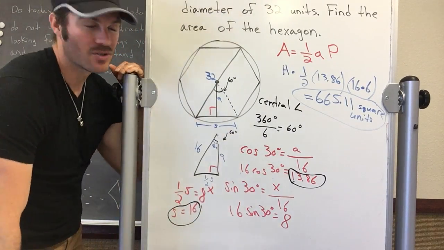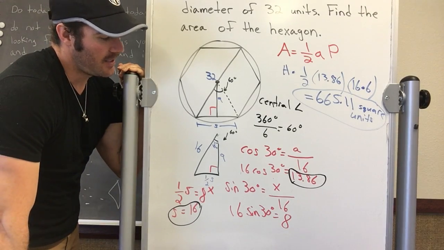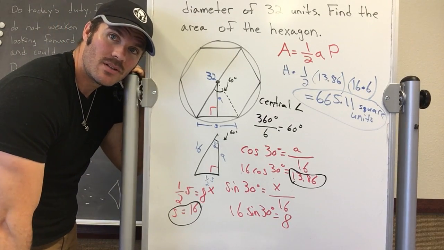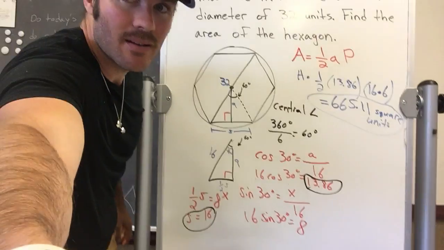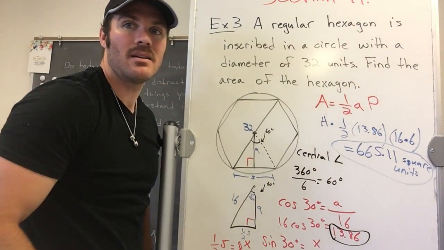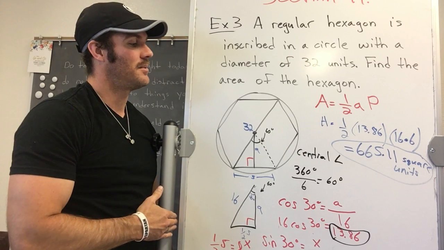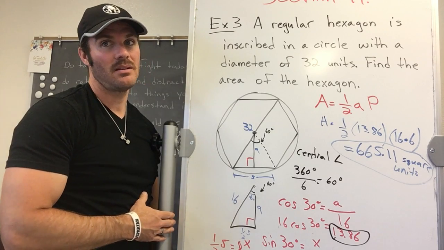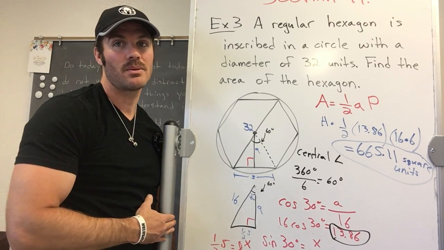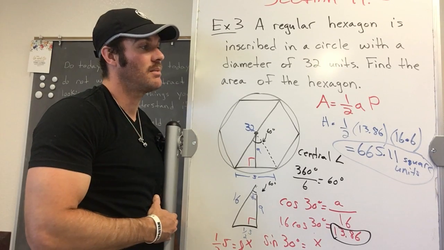It's a lot to take in. You need to go back and review this video, pause it occasionally, and try to understand it so you can do it, because I used quite a few different theorems that we've learned in chapter 7 and in chapter 9.